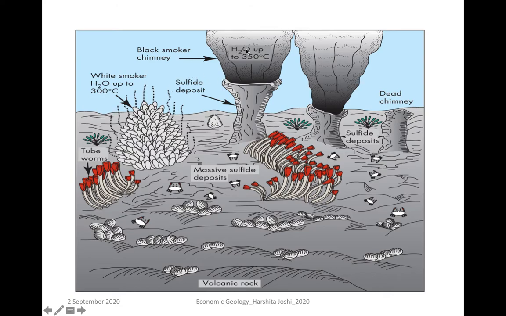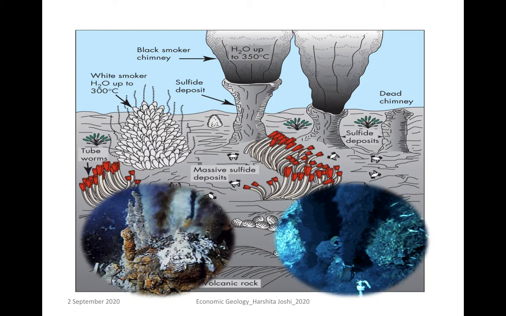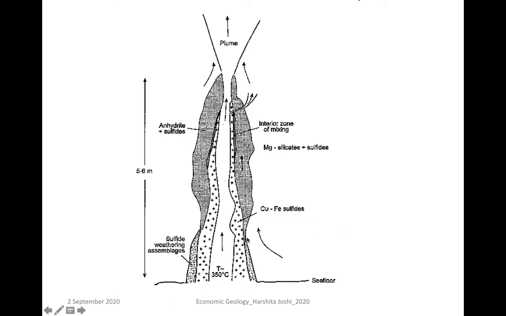The black smokers bring various minerals like this. They may be white smokers depending upon the composition of the material that they are bringing from underneath, or they may be black. Okay, these are rich in nutrients. Because of these nutrients only, various organisms thrive in these regions. So if you see a cross section of the black smoker, you may get various sulfides.